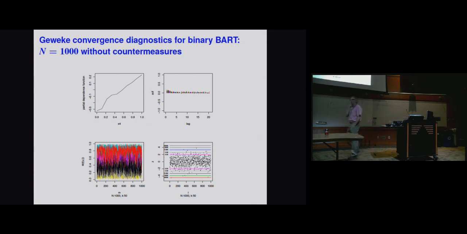Yes and no. Rob might want to jump in, but his idea was that we have those tree proposals. His thinking was that those proposals are being rejected a lot, so it's kind of sticking. It's very sticky movements.